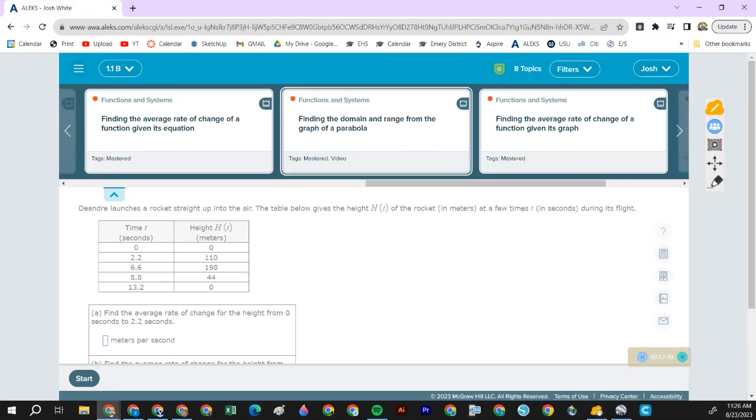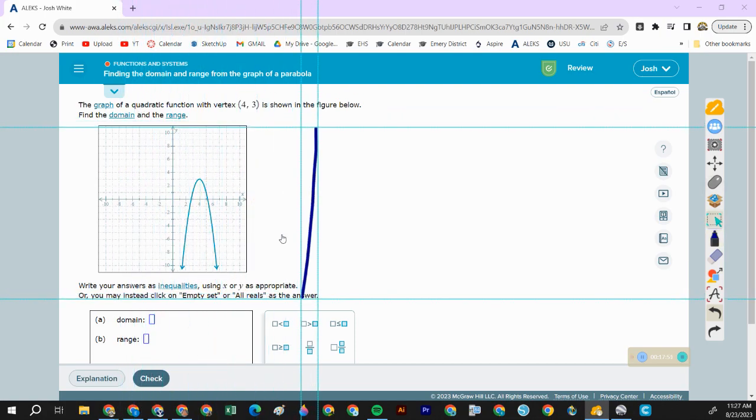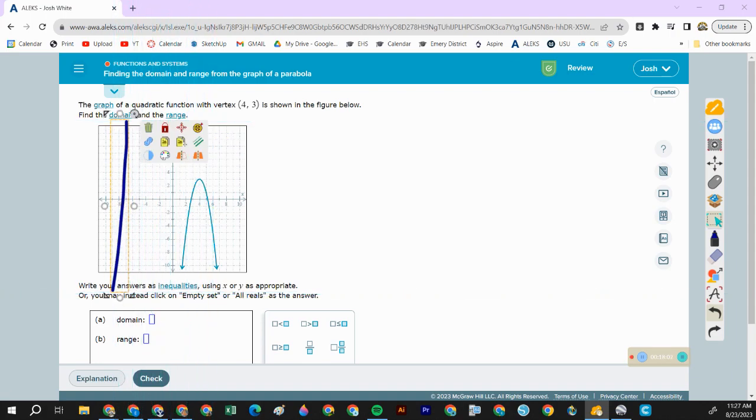Question number 2. Finding the domain and the range of a parabola. Domain is the x values. So I essentially draw a vertical line, and I ask, when does this vertical line touch the graph? Well, obviously it touches right there. So x equals 5 exists on the graph. What about over here? Is there a graph there?